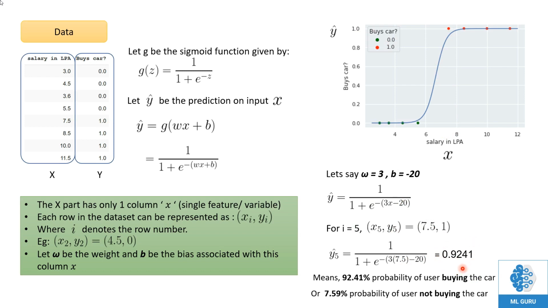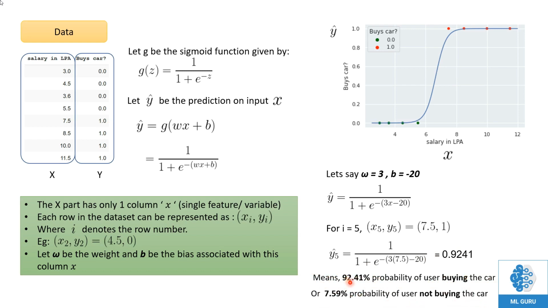So if you multiply this value by 100, it will convert it into percentage. So what this output tells us, as I told you earlier, is the probability of class 1. So there is a 92.41% probability of the user buying the car. Now if you subtract this number from 100, then you will get the percentage probability of the user not buying the car.